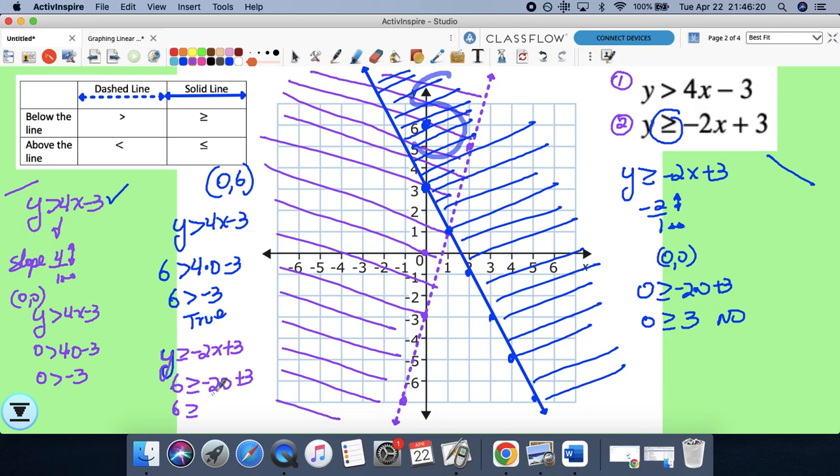Negative 2 times 0 is 0, and 0 plus 3 is 3. Is 6 greater or equal to 3? Also true. And if you like, on your own, you can select more points in this area where the regions from both inequalities overlap, and you'll see that points in this area satisfy both inequalities. Okay?